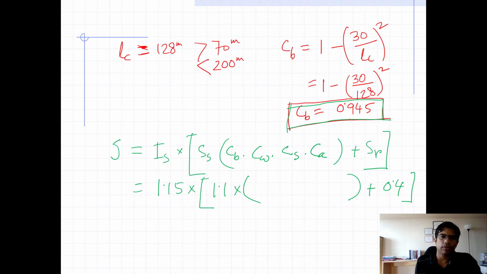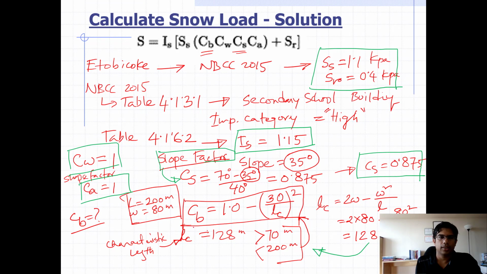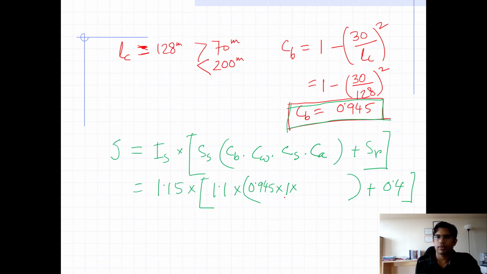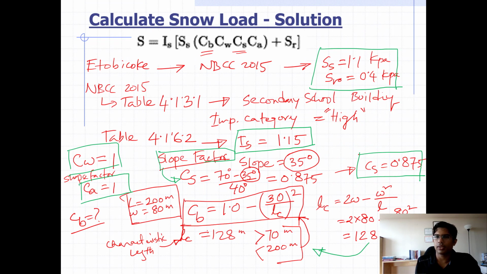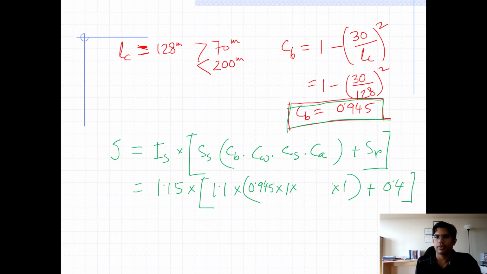CB is 0.945, CW we assumed 1, CA is also 1, the last one, and CS is from this equation, 0.875.